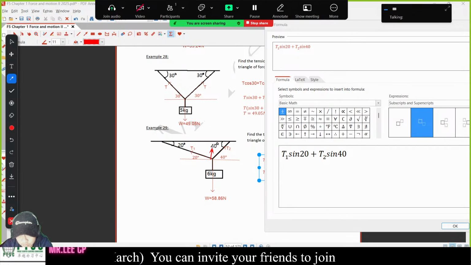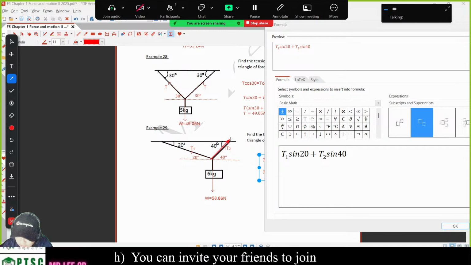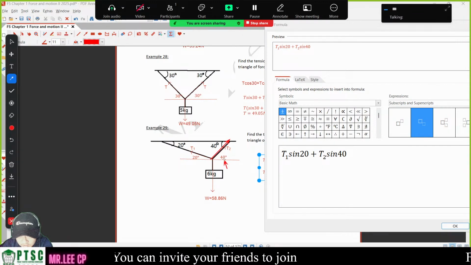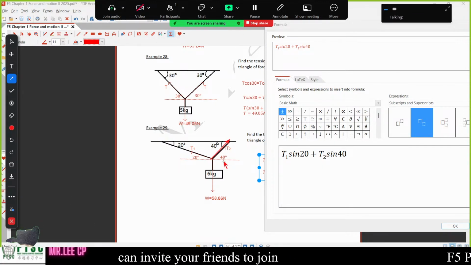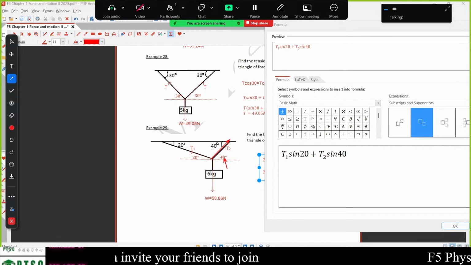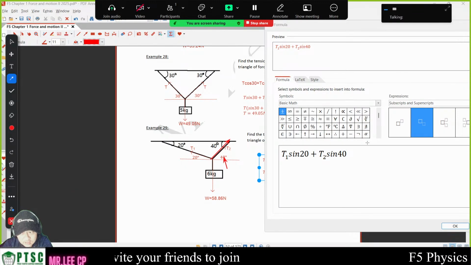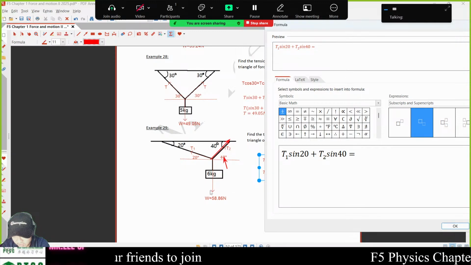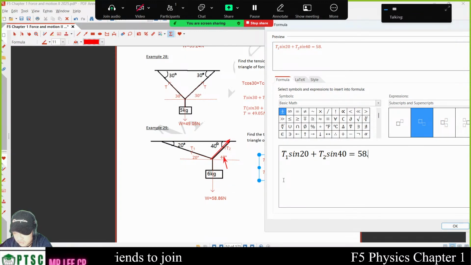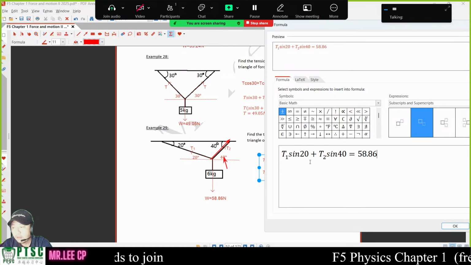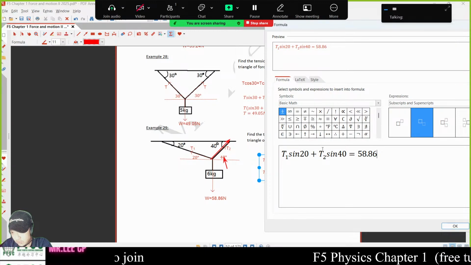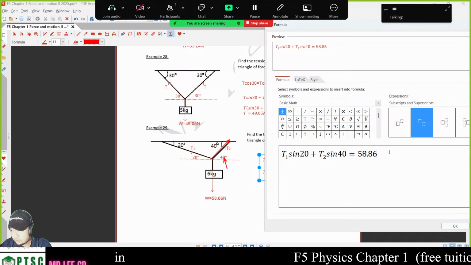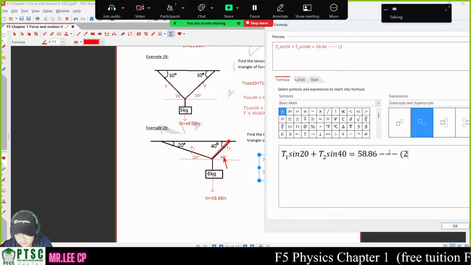Don't tell me to use the black one, the black one is useless. The one I want you to see is whether it is touching or not. Not touching, so I use sine. T1 sine 20 plus T2 sine 40 is equal to the weight going downward, 58.86. This one cannot be solved yet, as you have two unknowns. So this is the second equation.